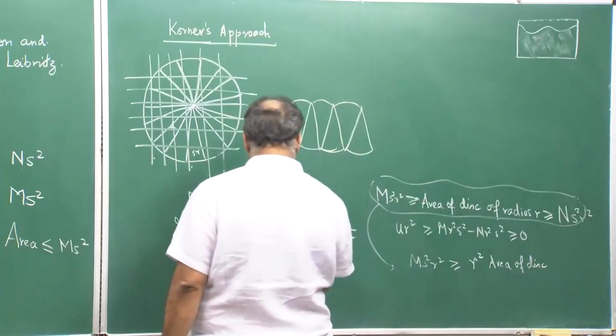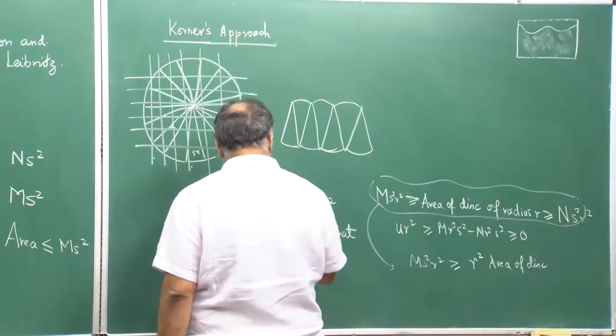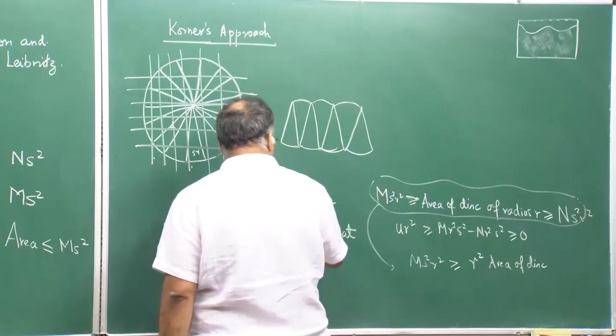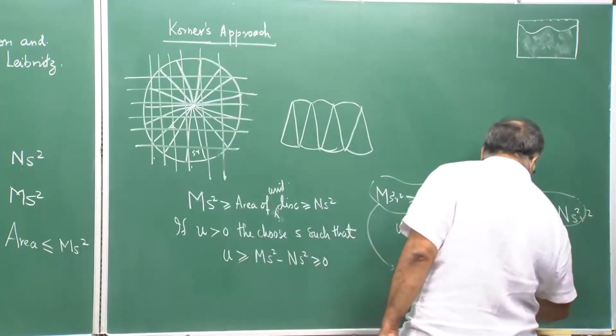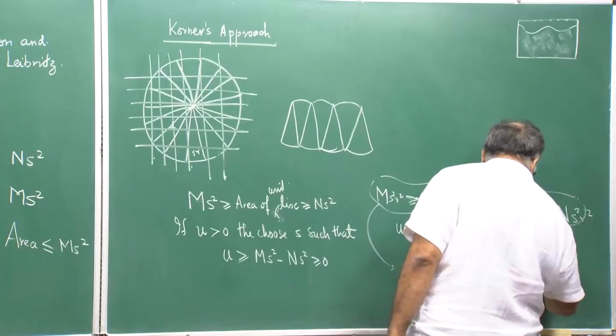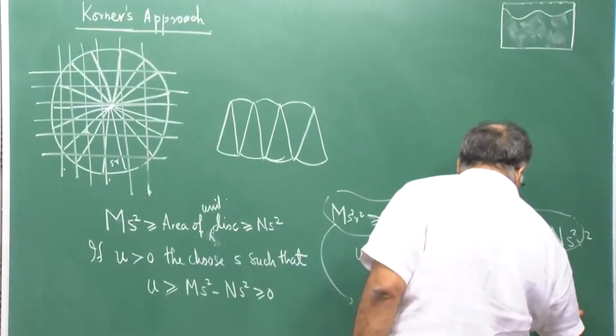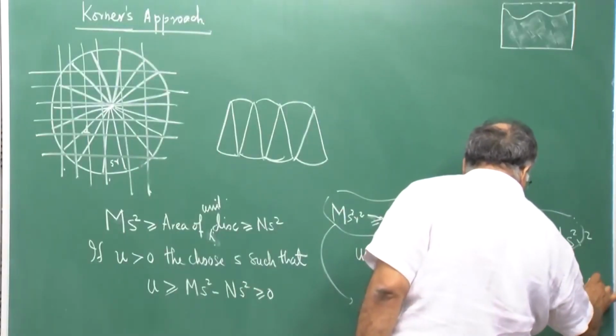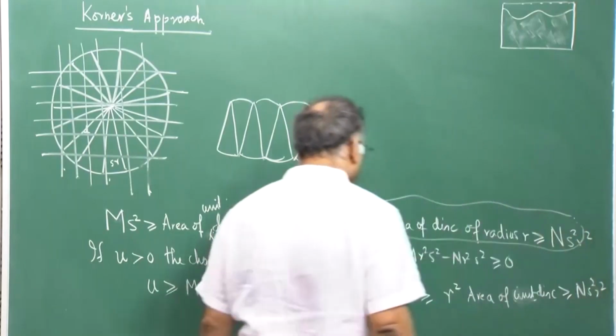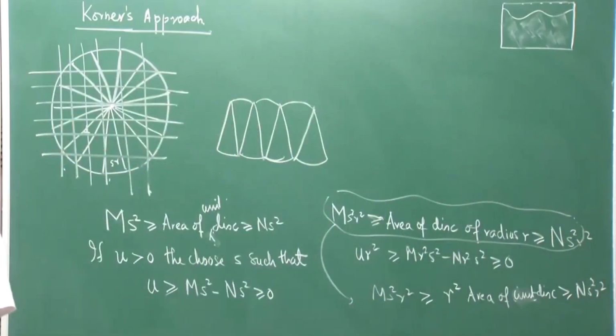A disk of radius 1 is also called a unit disk. So area of unit disk, which is greater than ns square r square.